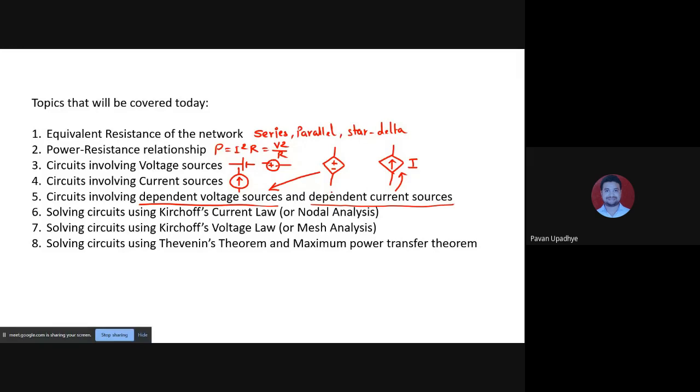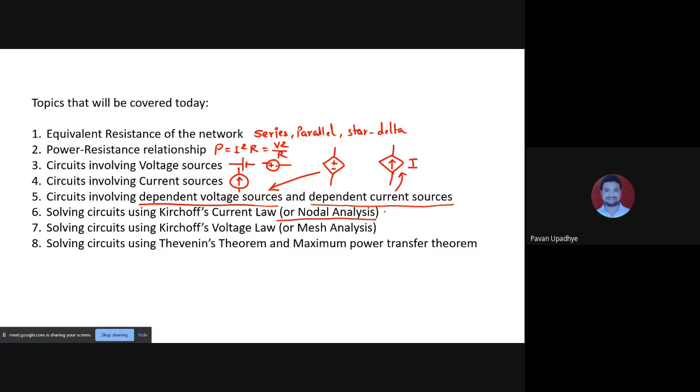Then we must be aware of how to use Kirchhoff current law effectively to solve some circuits. Using Kirchhoff current law is as good as employing the method called nodal analysis. What does Kirchhoff current law state?